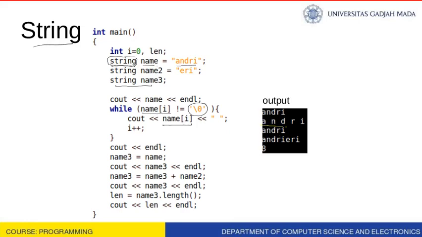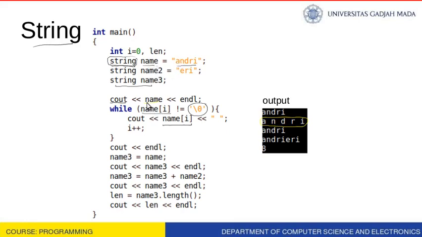So you can have this one, the second output. The first output will be this one. Okay, so for the first output, you can just directly cout name without indicating the index of the element.